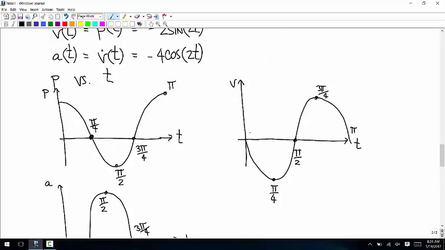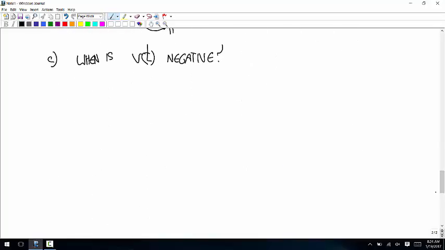And it's negative, you can see, all the way from time equals 0 to time equals pi over 2. Any questions about that?